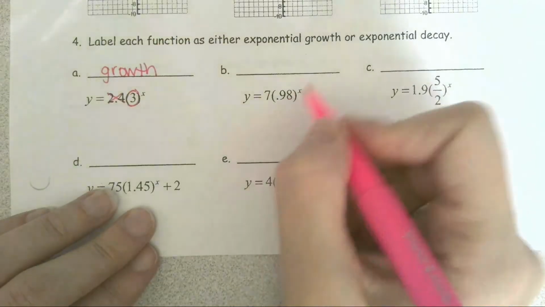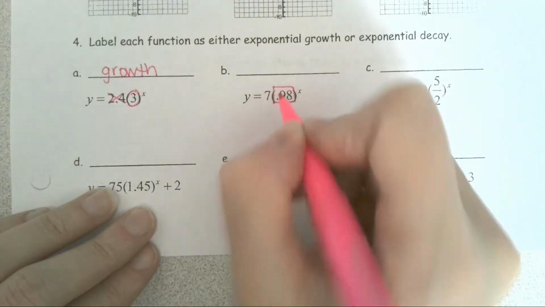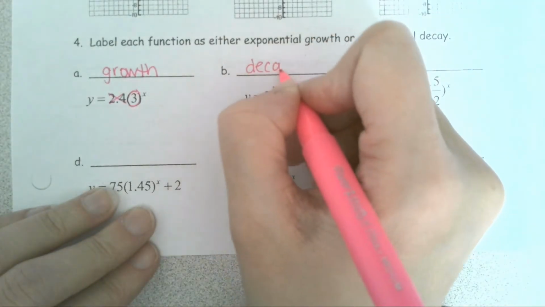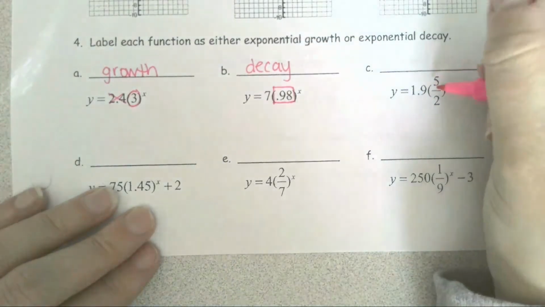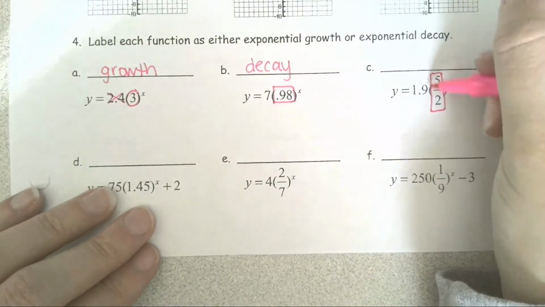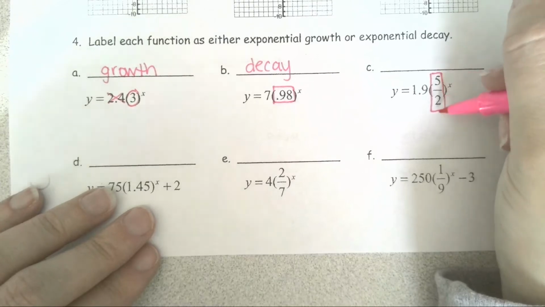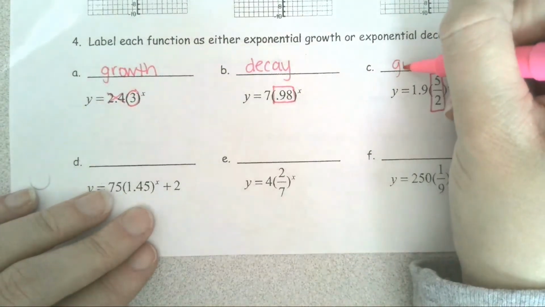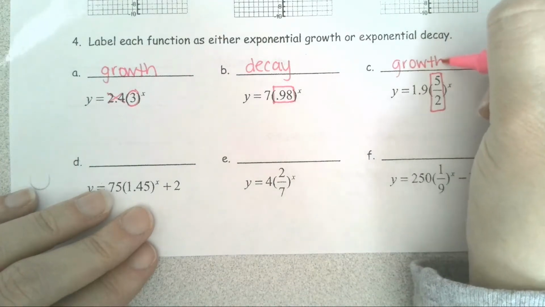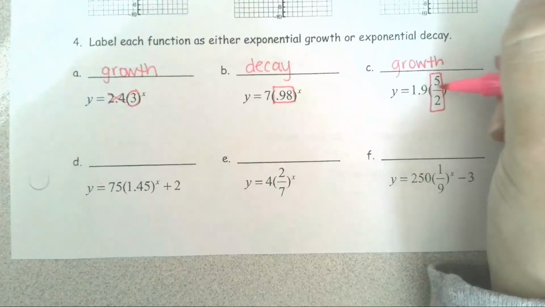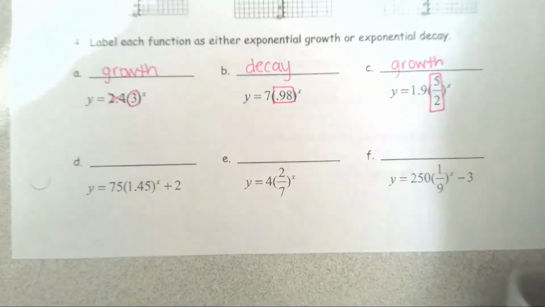For B, we have 0.98. That is less than 1, so that is going to be decay. Let's see, for C, 5 halves. So this one's a fraction where the bigger number is on top. 5 over 2 is the same as 2 and a half, which is greater than 1. So this is going to represent growth. If your factor is a fraction that is improper, meaning the bigger number is on top, that's going to mean growth.